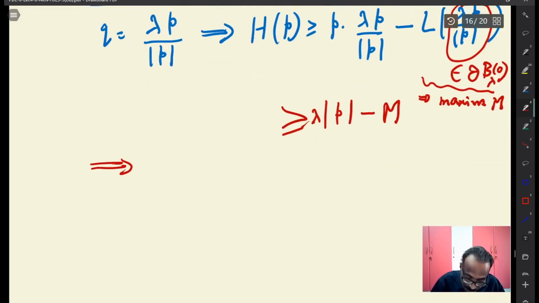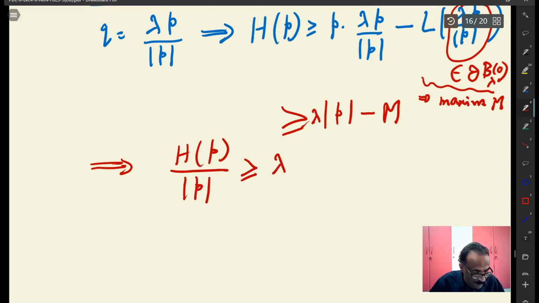That implies H(P) by mod P is greater than or equal to lambda minus m by mod P, where m is the supremum of that one.